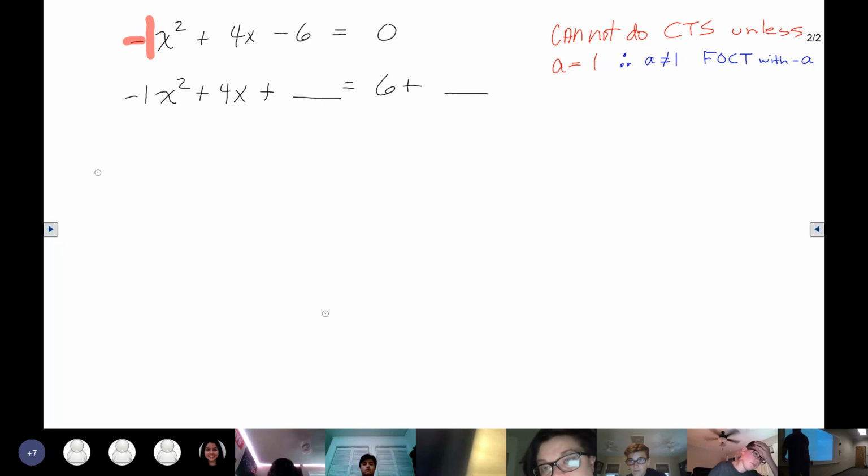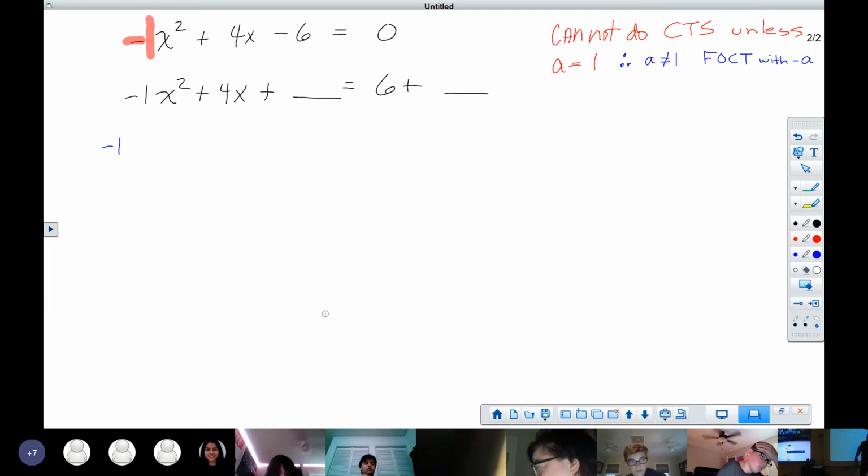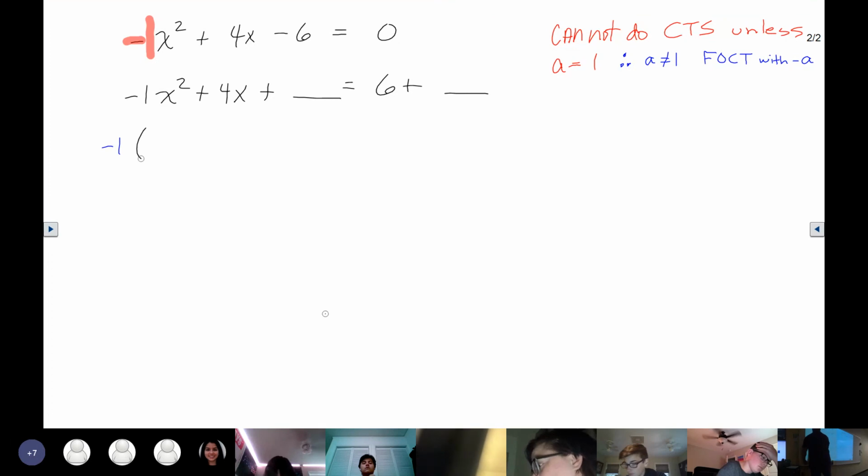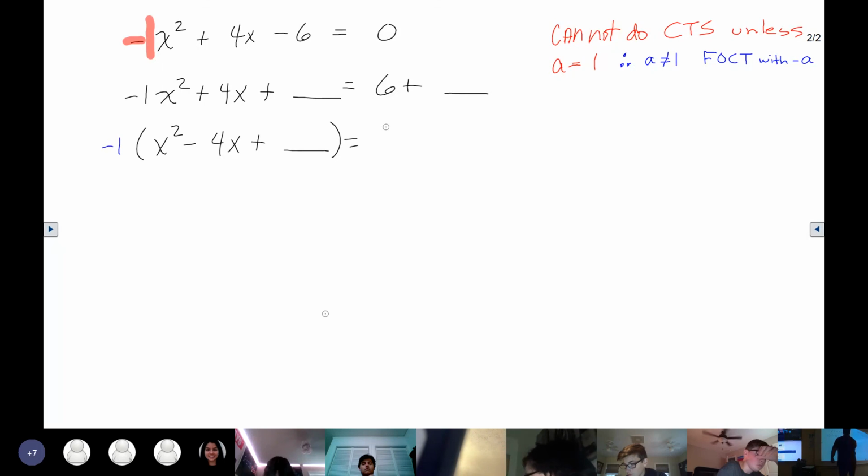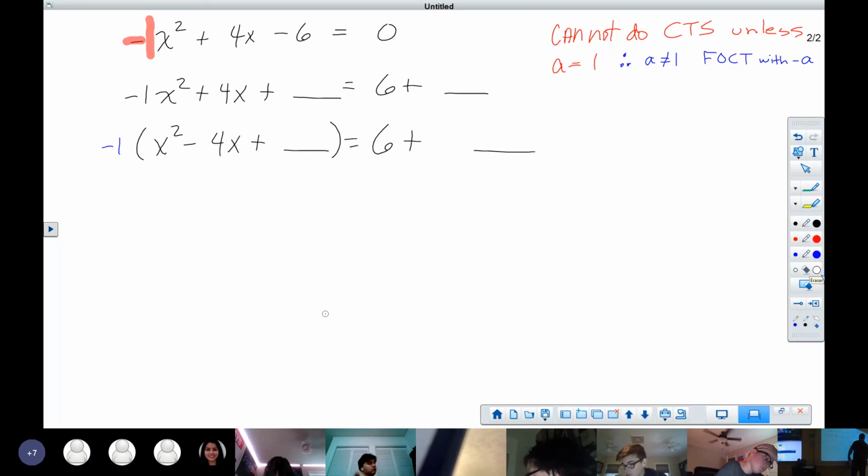So -1 parentheses x squared minus 4x plus blank is equal to 6 plus, and here's the rule.